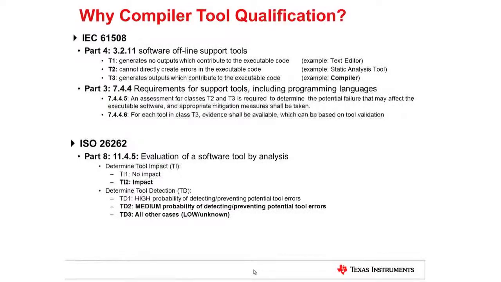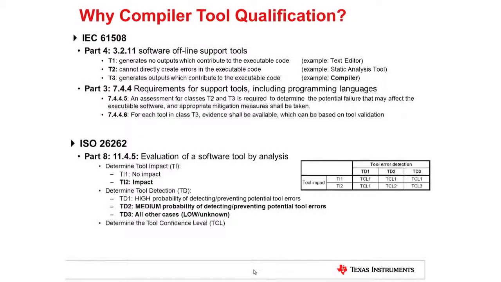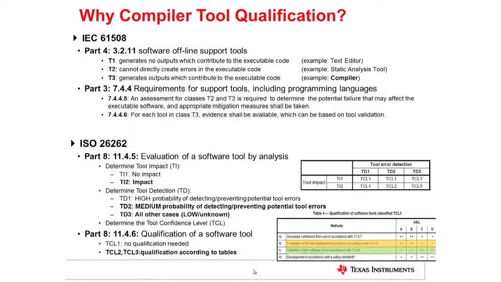TD1 having the highest probability of detection, TD2 medium, and TD3 low, or all other cases. Once the tool impact and tool detection are known, you can classify the tool as being TCL1, TCL2, or TCL3 according to the table you see here. Normally, the compiler is classified as TCL2 or TCL3, and according to the standard, will therefore need to be qualified.